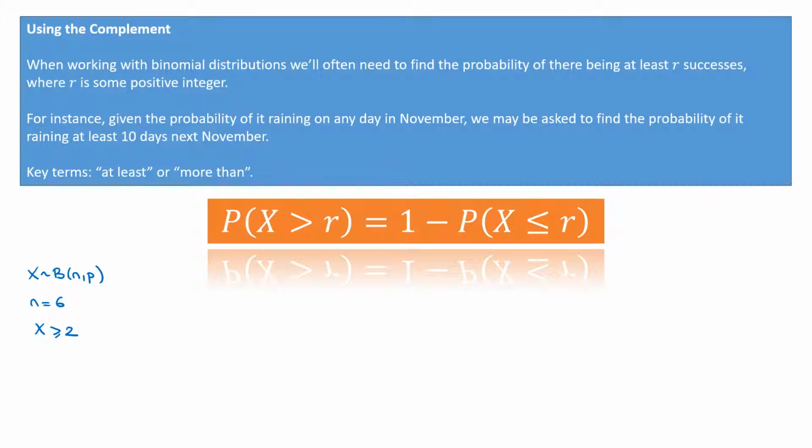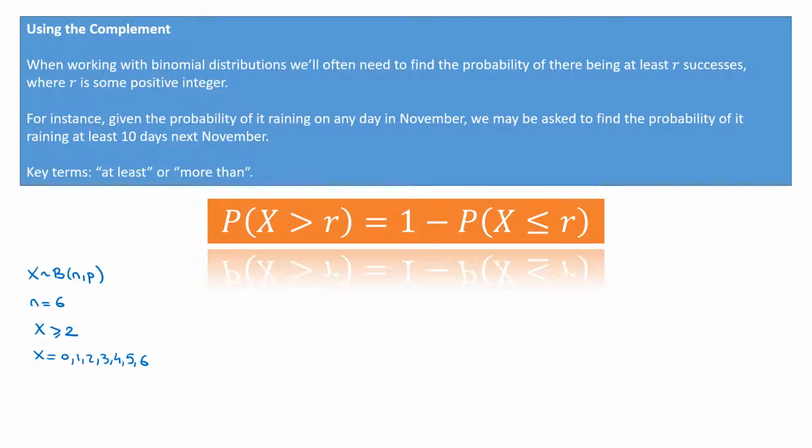The first thing to realize here is that X can be equal to either of the following: 0, 1, 2, 3, 4, 5, or 6, because remember, there are 6 trials in this experiment, and there can be either 1, 2, 3, 4, 5, or 6 successes.